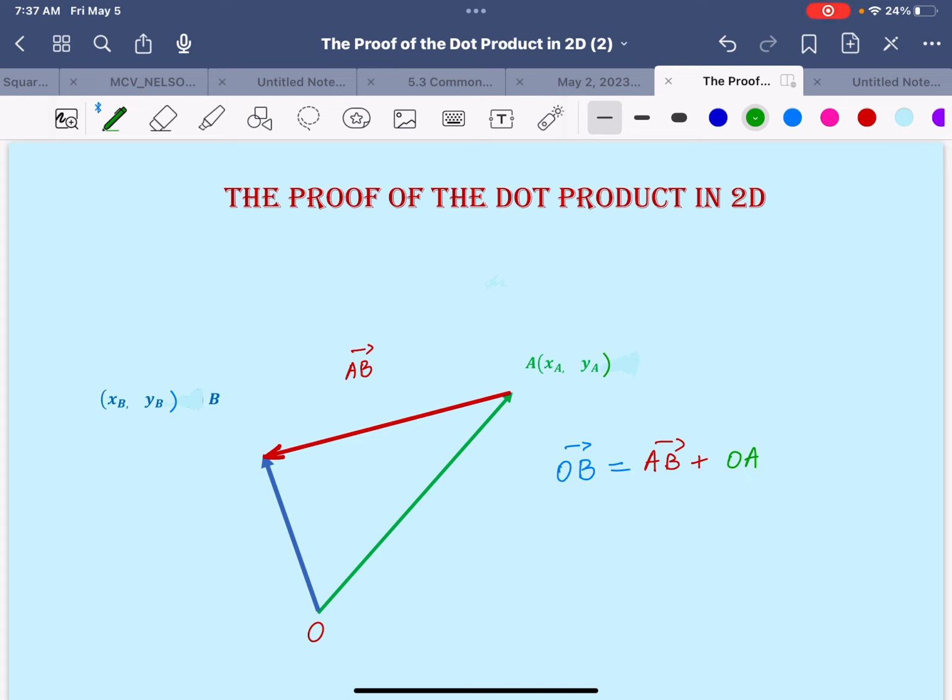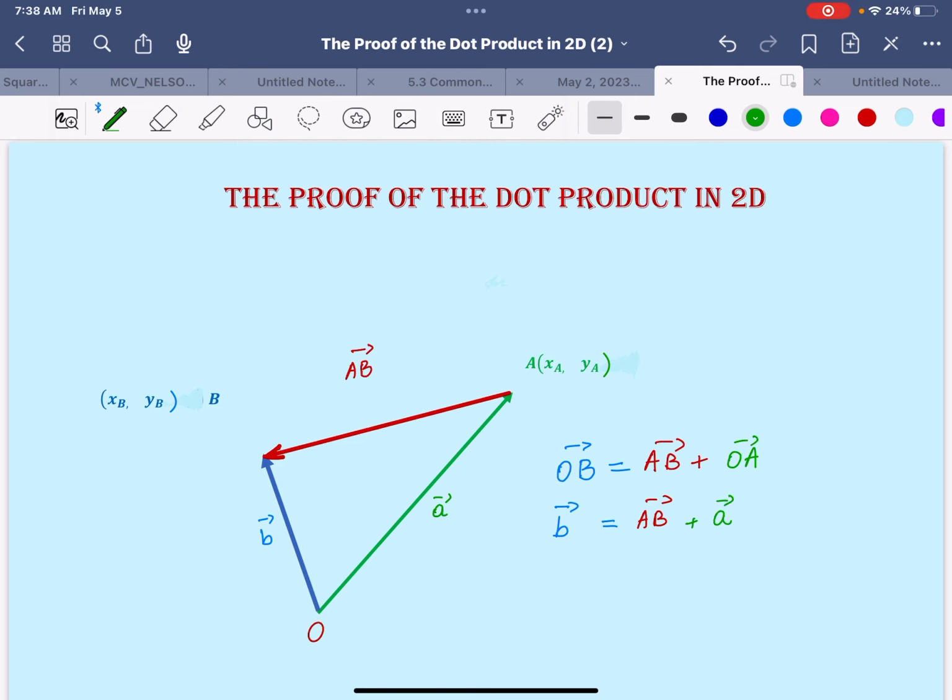Now, for simplicity, we are going to give a new name to vectors OA and OB, so we'll call vector OA vector a, lowercase a, and vector OB, lowercase b. So in simpler words, then we'll say that vector b equals vector AB plus vector a.